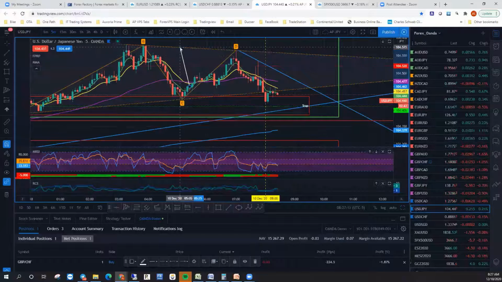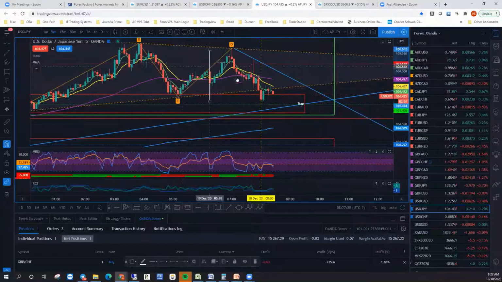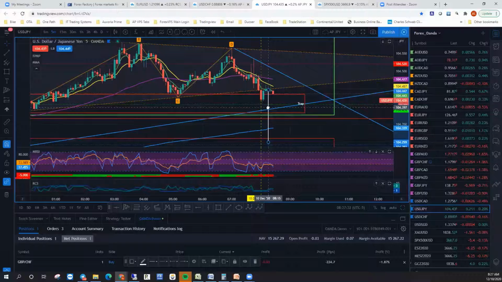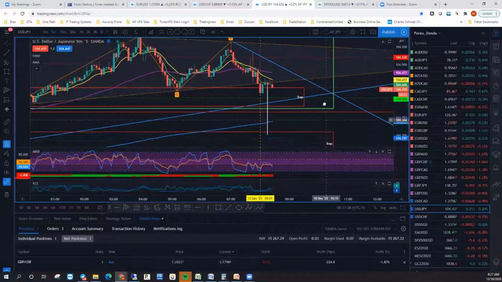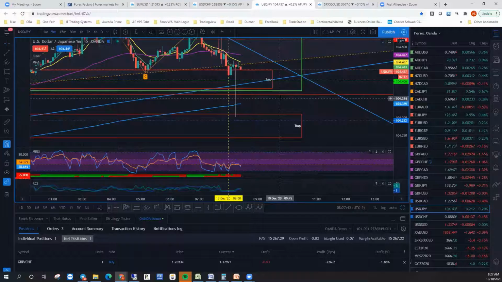So just say a 10 pip target. So we would end up somewhere like... 104.30 actually looks pretty good, which is the top of this other trap area that I have here. Yeah, I like 104.30. But that's just a number that I'm throwing out there, based on the previous price action.